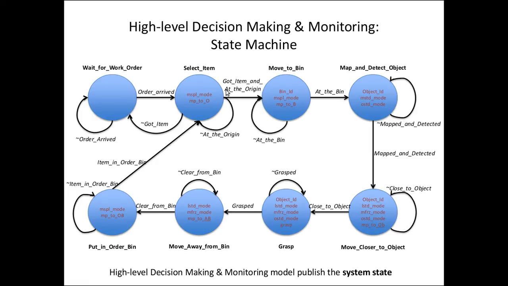So when the state machine has got one item and the arm of Baxter is at the origin, it can move to this next state. And when in this state, if there are no more items to be picked up, so the robot has performed all the pickups that were in the order, the system goes back to wait for a new order.